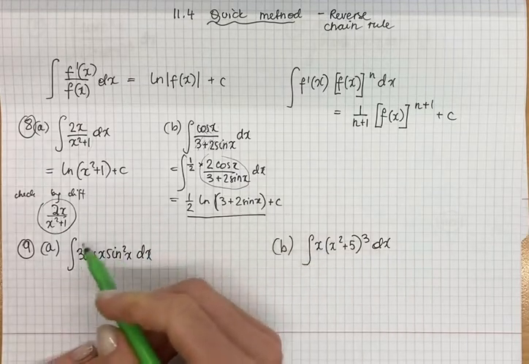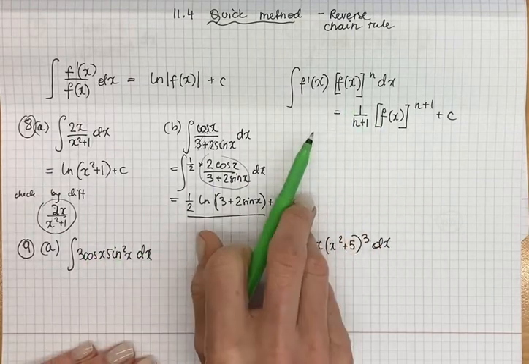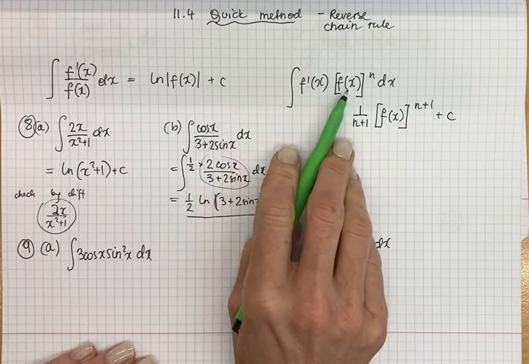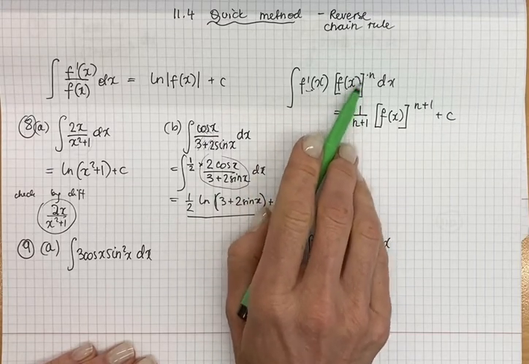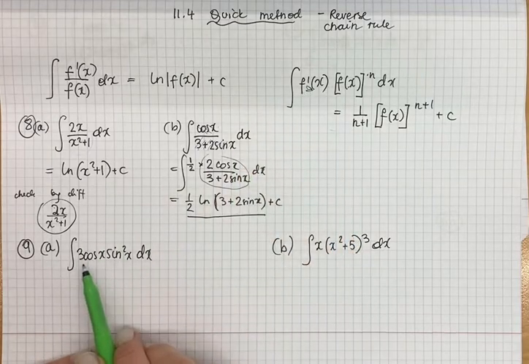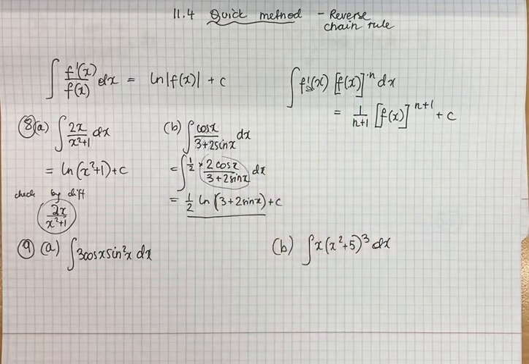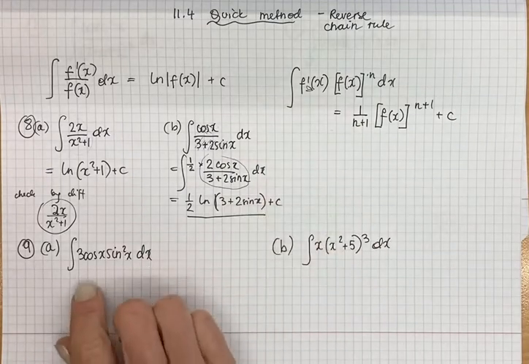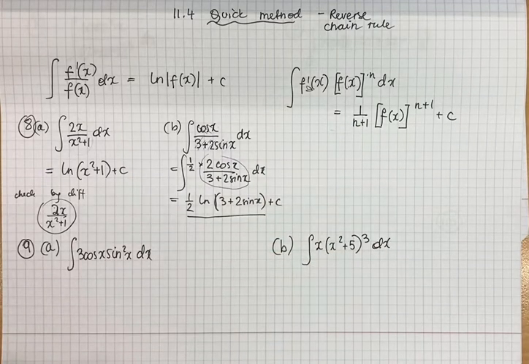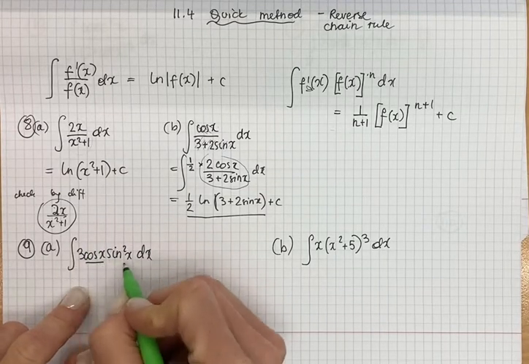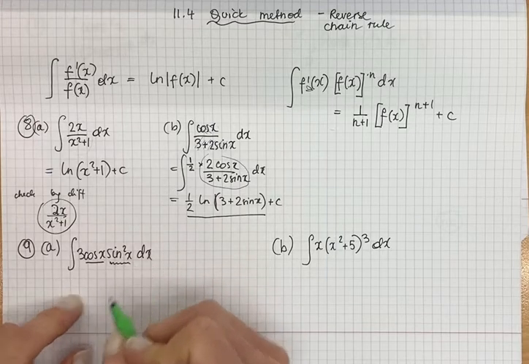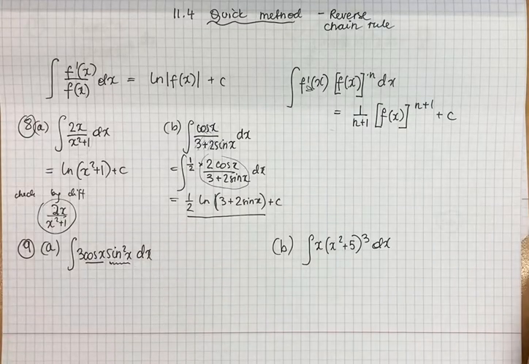Okay, so the second rule is to do with the power function. So if you spot that you've got the derivative of a function that gets a power, so you've got the derivative and then a function with a power, then it may have been the chain rule that was used. Okay, so if you think about this one, you've got the derivative, so you don't really want to be looking at this. You've got this function here, sine to the power of 2.